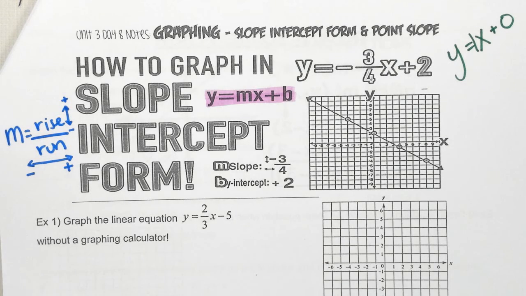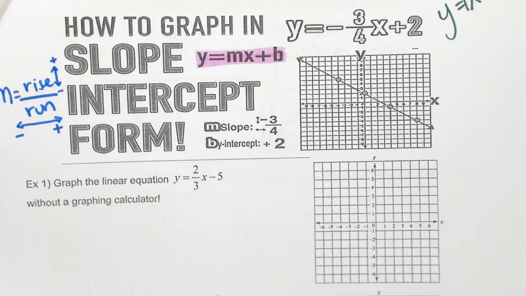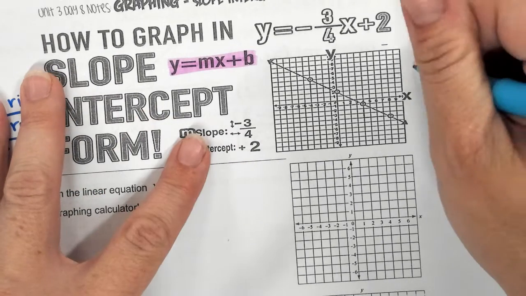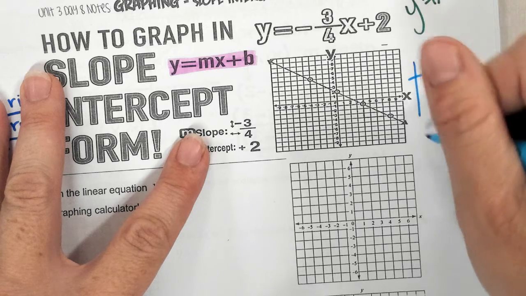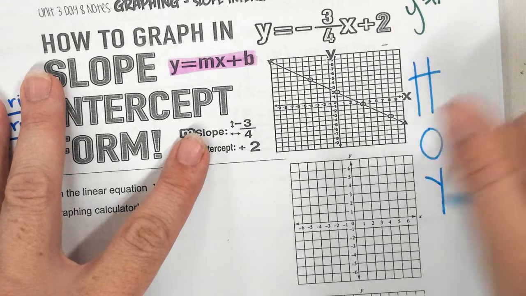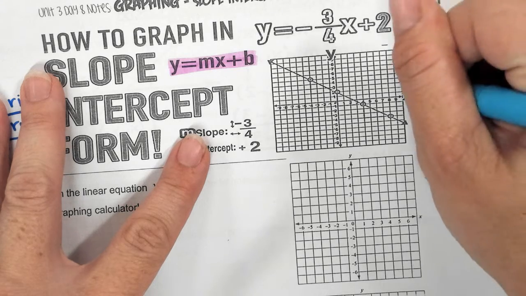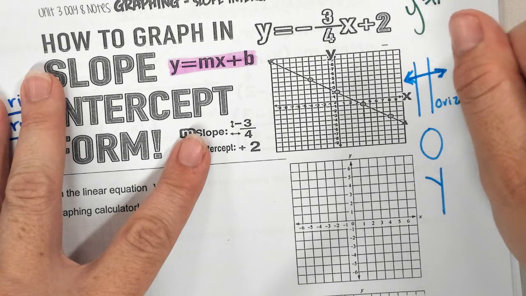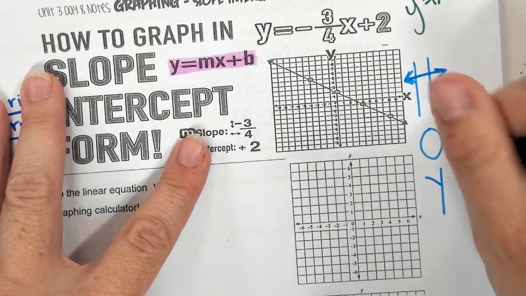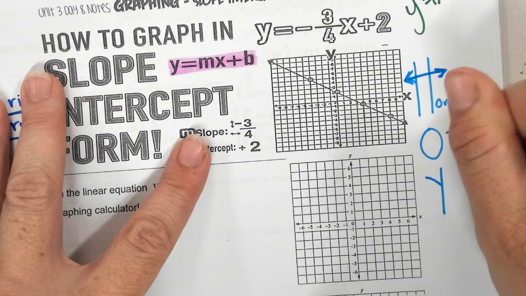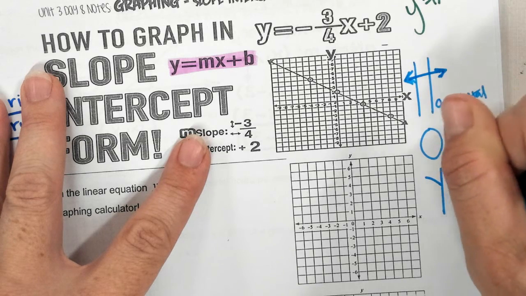Another thing I want to touch base on, which isn't on the notes, but I want to have the conversation, is Hoy-Vux one more time. So Hoy stands for horizontal, 0 slope, y equals equation.